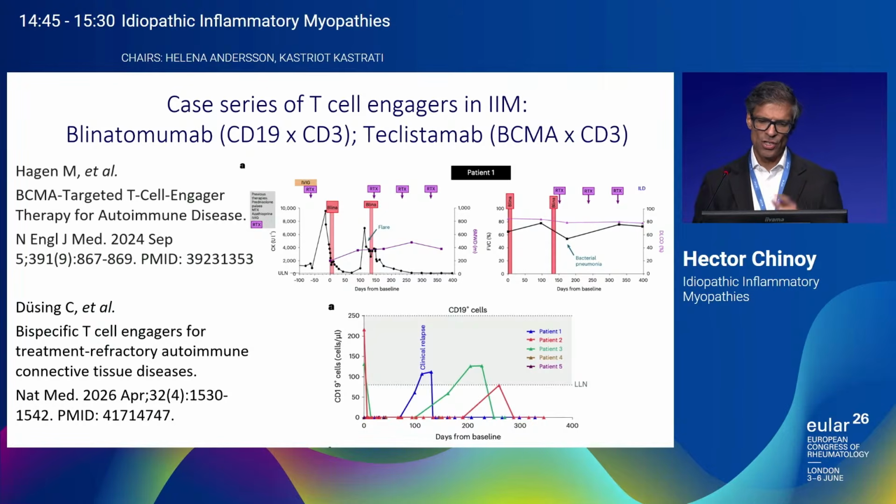On the top, this is patient 1 who received blinatumomab, and you can see the plotting of the CK. Initially when they received blinatumomab, there was a profound improvement of the CK, but then they flared, had to have more blinatumomab, and the purple is the 6-minute walk distance, which is gradually improving over time.